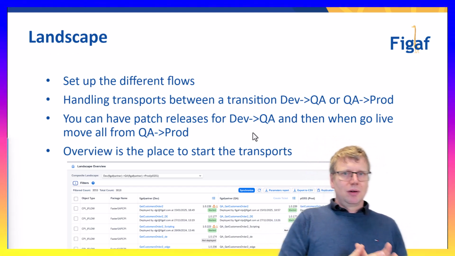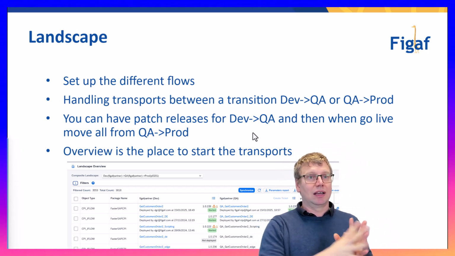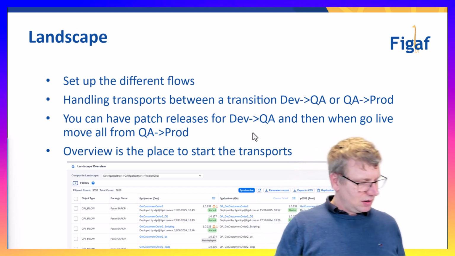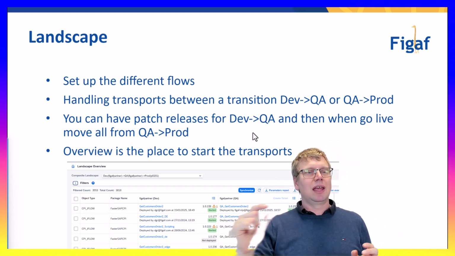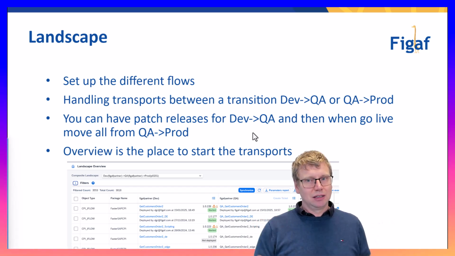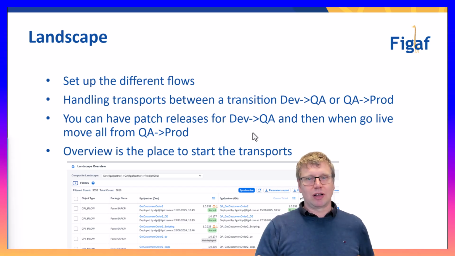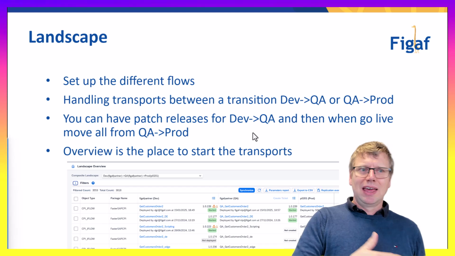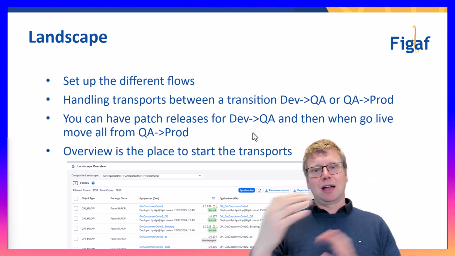In the beginning, when we built CPI, we had a fixed-length landscape where you took content and moved it from dev to QA to production, as a fixed transport. We found that was a bit of a challenge, because you would often do some transports and then figure out, hey, this should not go into production because it's wrong. And then we needed to create a new transport with all the different artifacts in it and start over.